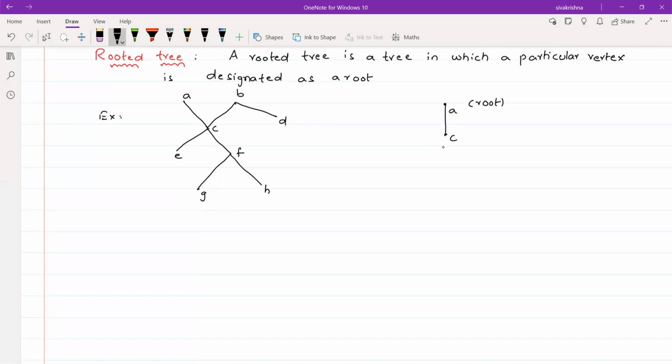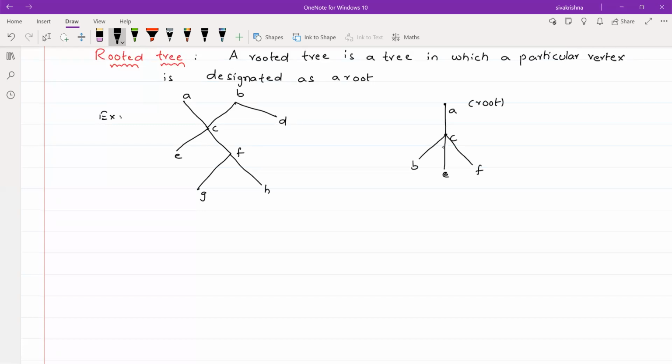One is C to B, another one is from C to E, and also from C to F. So we are having three edges from C, so I have drawn those three edges incident on C.